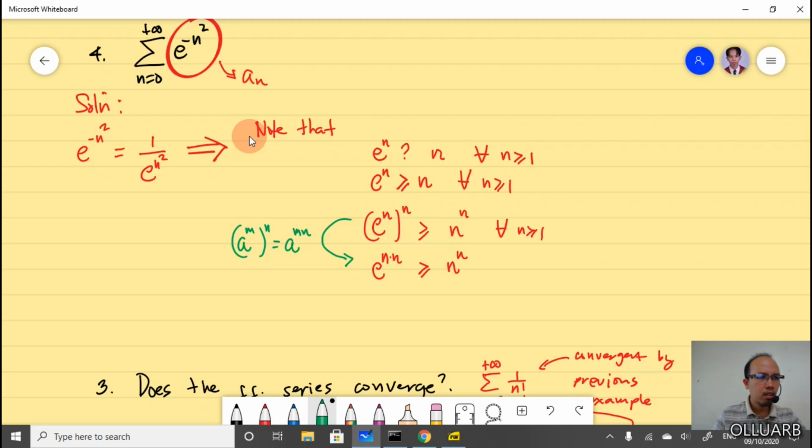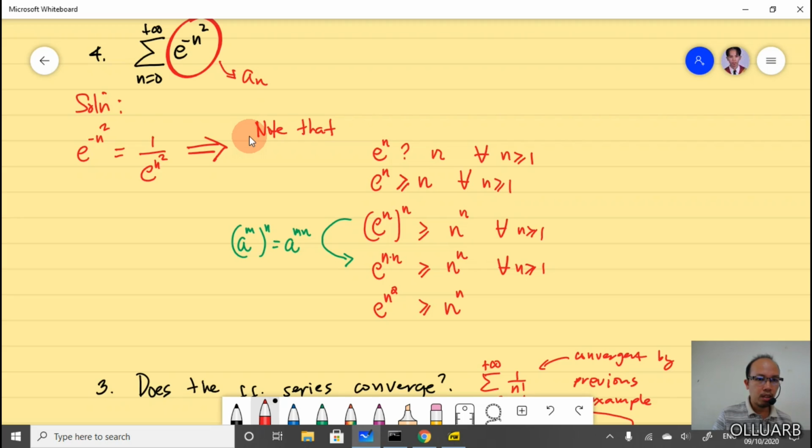But n times n is n squared, and 3n for all n greater than 1. However, this is also true.